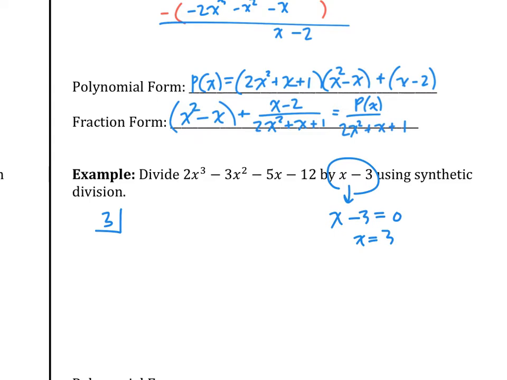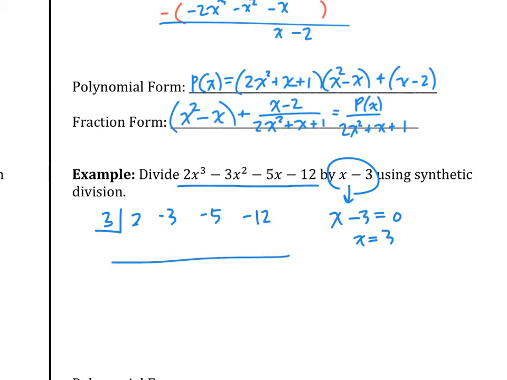And then we're going to set this up using only the coefficients of the polynomial. So for example, the first term is 2x cubed, so we just write a 2, minus 3, minus 5, minus 12. Again, if you're missing a term because the degree is missing, you've got to put a 0 in as a placeholder.